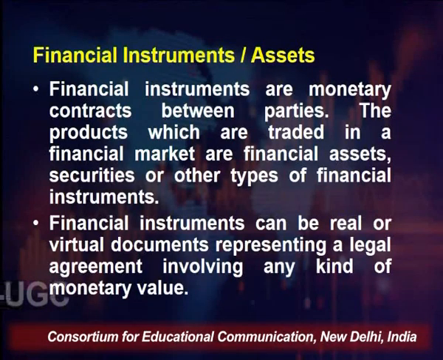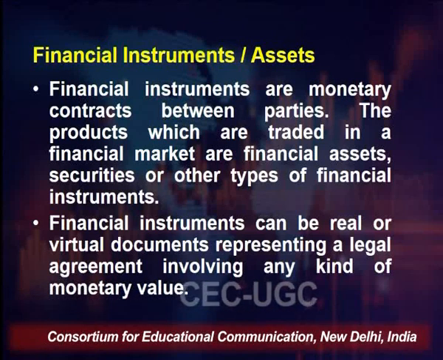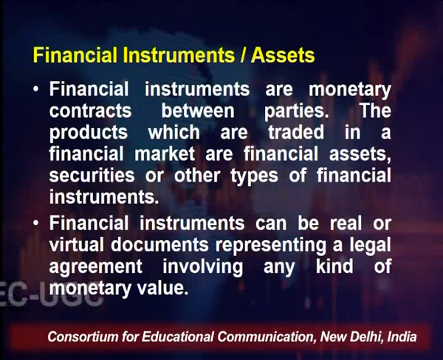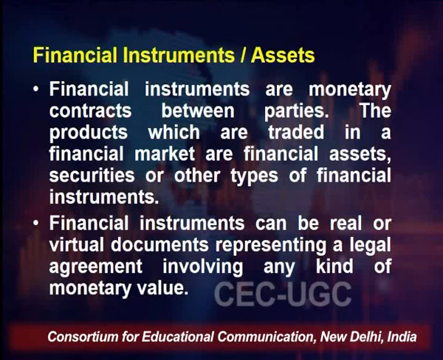What are these? These are nothing but financial instruments, financial assets. So financial instruments are monetary contracts between two parties, or I will say simply between parties. The products which are traded in a financial market are financial assets, securities and other types of financial instruments.